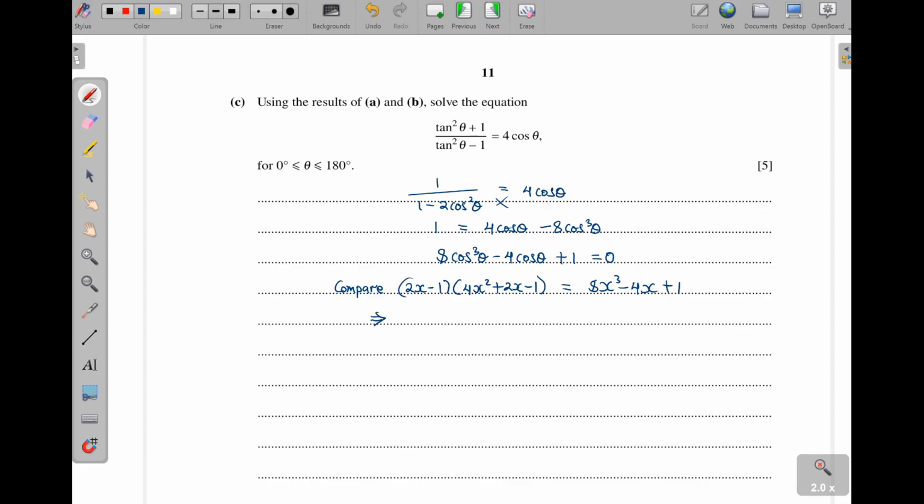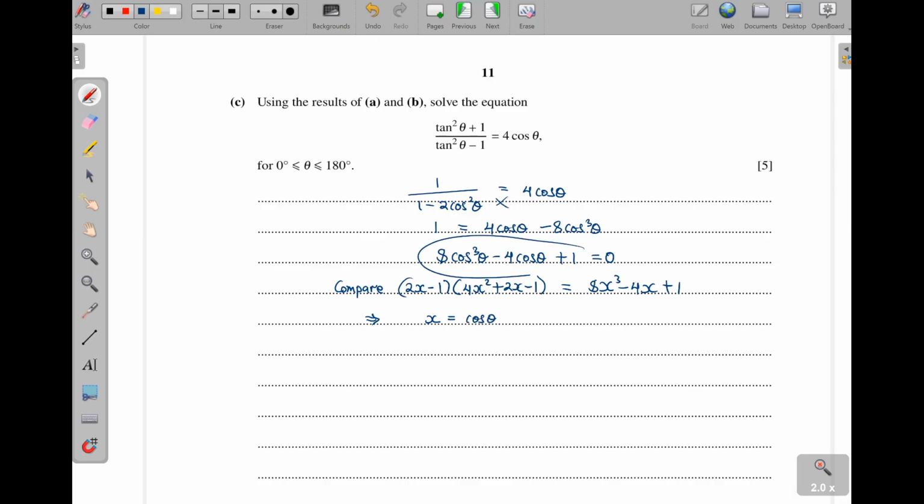This simply implies that 8 cos cubed of theta minus 4 cos... Let me just simplify it this way. This simply implies that x is equal to the cosine of what? Theta.